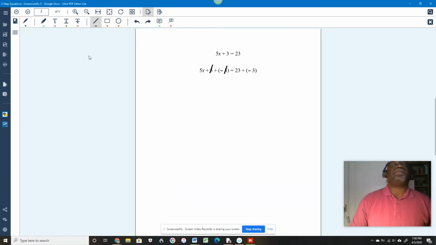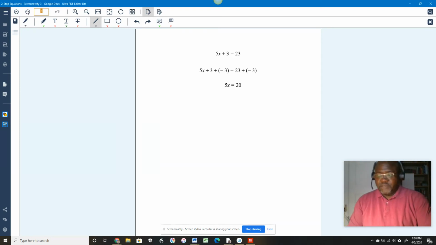And then that leaves us with 5x equals 20. Okay. And ta-da, we're at the end of step 1 of our two-step equation. Hooray! But that x is still not by itself, and that brings us to step 2.